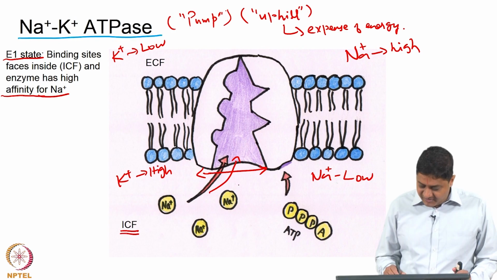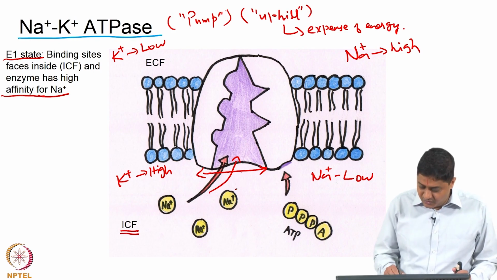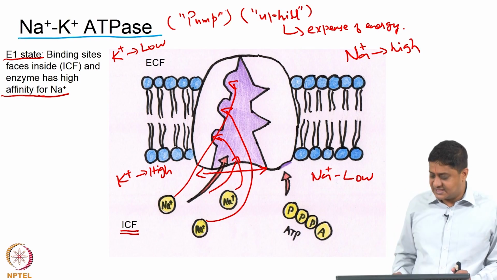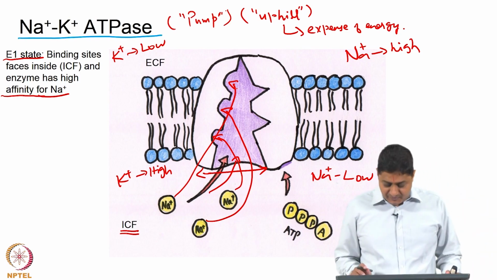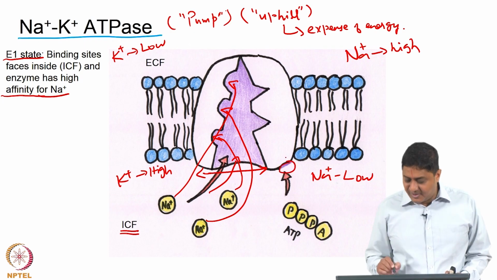So, sodium from inside, where the concentration of sodium is already low, goes and attaches. There are 3 sodium ions that attach to the 3 binding sites of this membrane protein, and an ATP molecule attaches to its binding site.